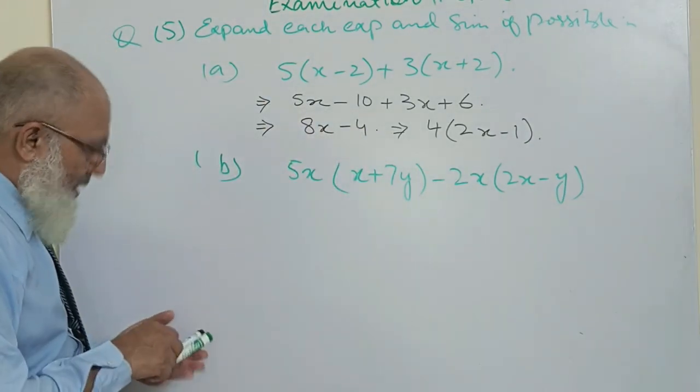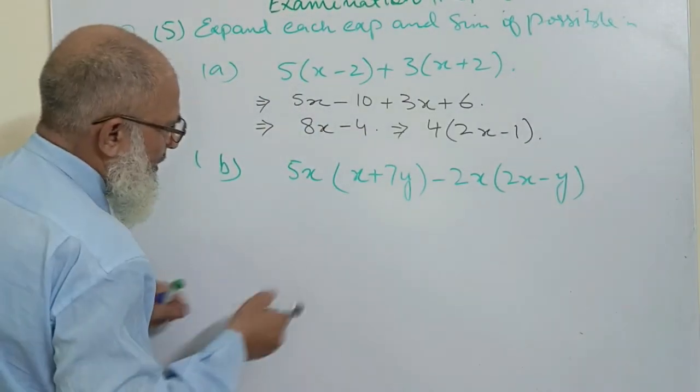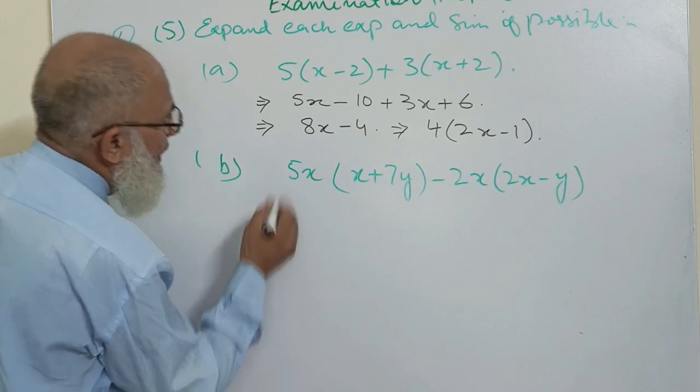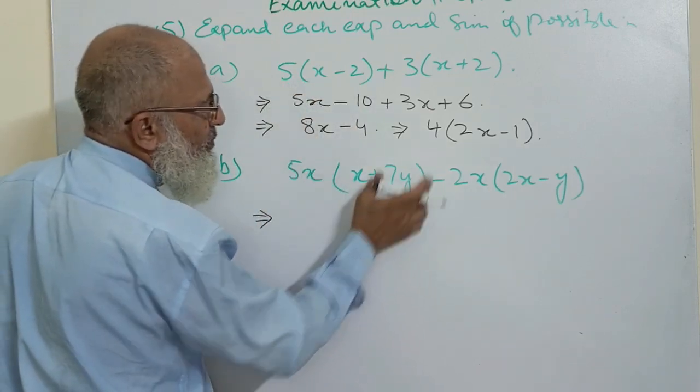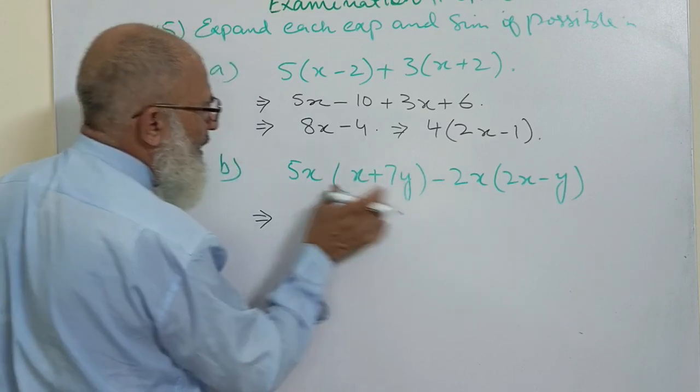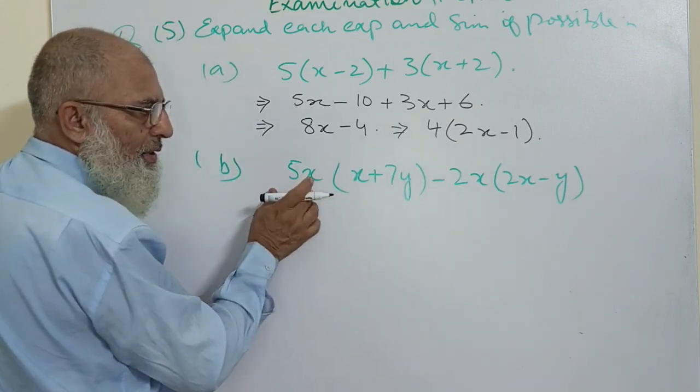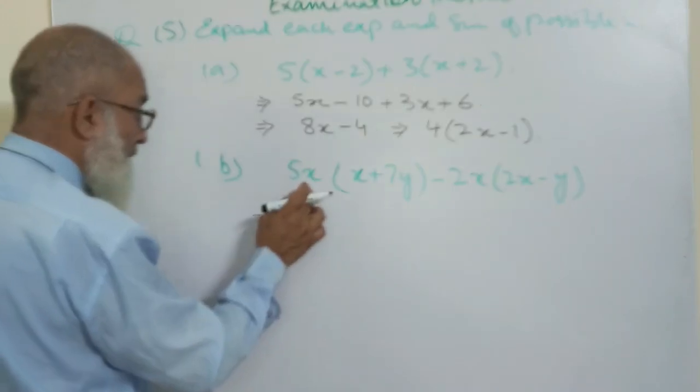Okay, it is correct. So what we do again, like this, we'll multiply each element which is in the bracket with the one outside the bracket.